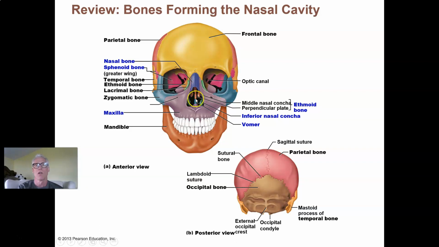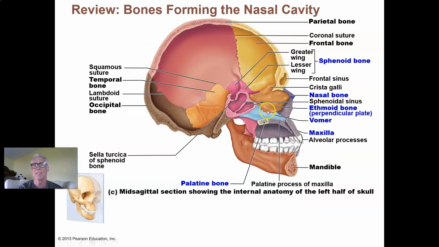These orange colored structures are part of the ethmoid bone, and they form the nasal concha, at least a couple of the pairs of nasal concha, and the perpendicular plate that divides the two halves. Here's the inferior nasal concha, another surface area generating bone of the nasal cavity.